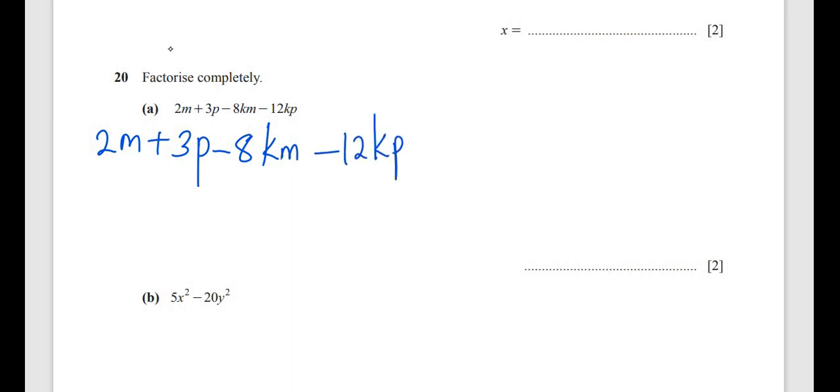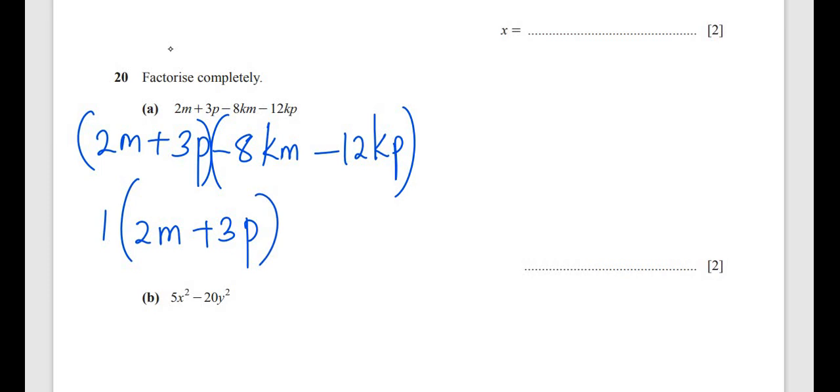We just need to group them into 2, and then we factorize each bracket separately. From the first bracket, there's no common factor, so we can just take out 1, and inside the bracket is going to be 2m plus 3p. Then in the second bracket, we also should have 2m plus 3p inside the bracket.